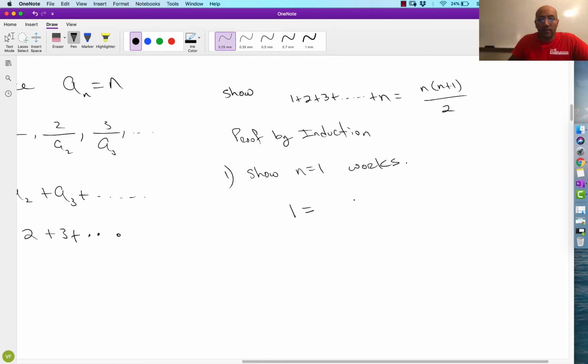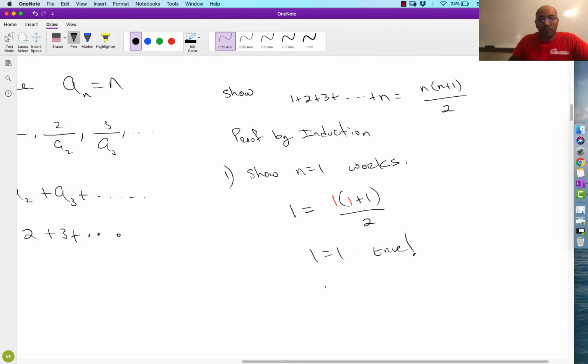We'll have the 1 from there, then parentheses 1 plus 1 divided by 2, and then we get another 1 over here. Okay, and that makes sense, right? We end up with 1 plus 1 is 2, divided by 2 is 1, so 1 equals 1, and so we get a true statement.